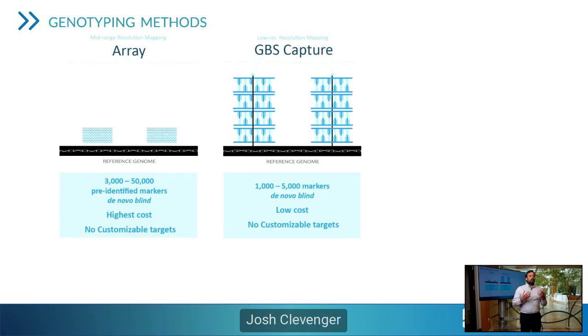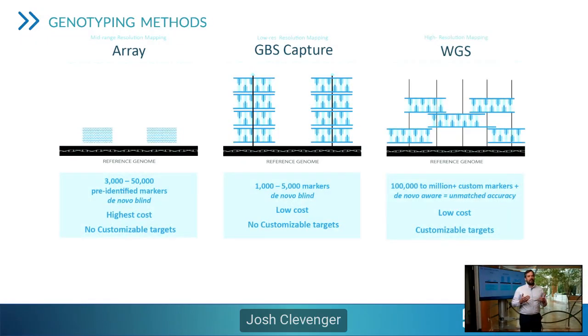So I was really inspired by listening to Ed Buckler as a young graduate student talk about how do we genotype better, faster, cheaper. And I just figured the best way to do that was how do I, as cheap as possible, get whole genome sequencing. And so the best way to do that is to what you would call skim-seq or low coverage sequencing.